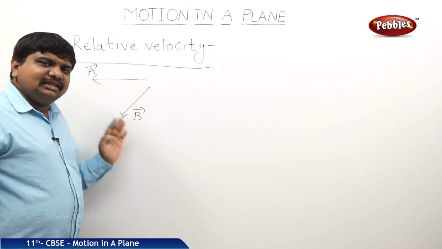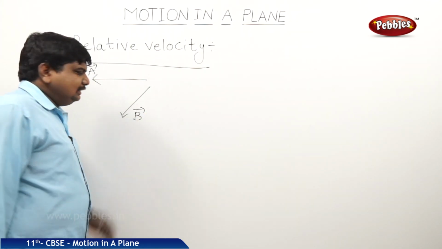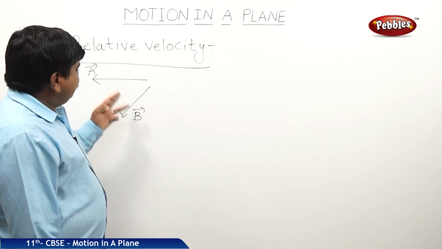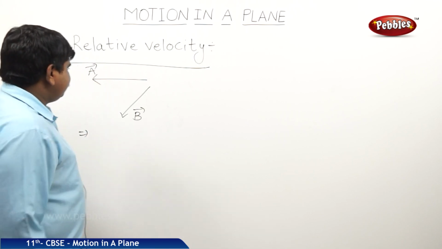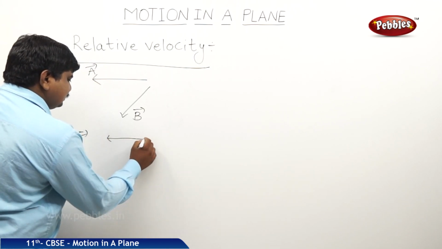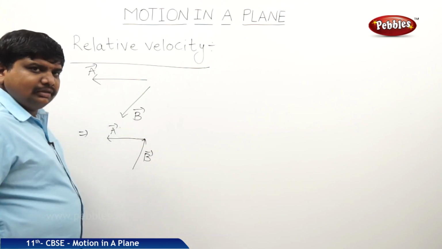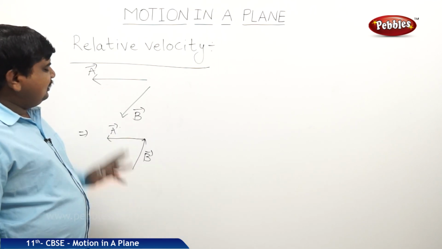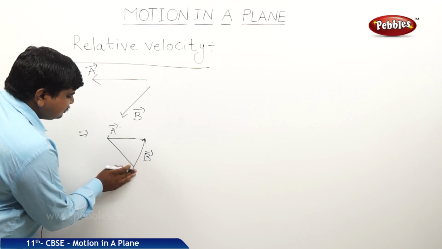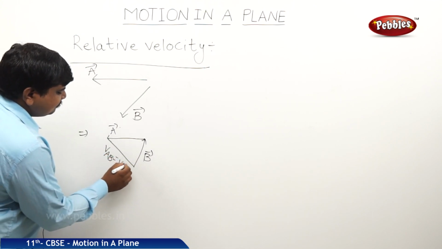So as we mentioned in the resultant of the two vectors, we should connect these two as the two sides of a triangle, we know that. So this is one side, this is another side, B bar, A bar. These are parallel to each other. Then the resultant which connects this one will become VAB is equal to VA plus VB.